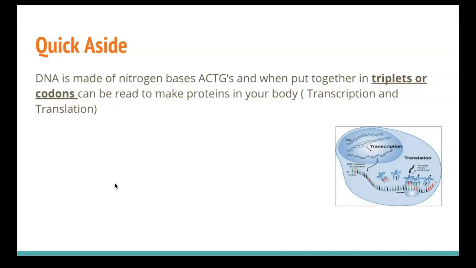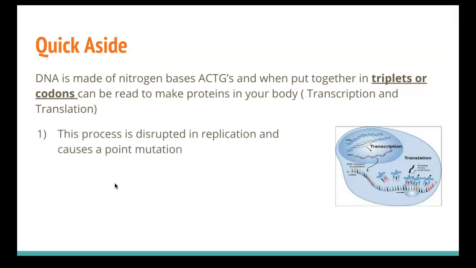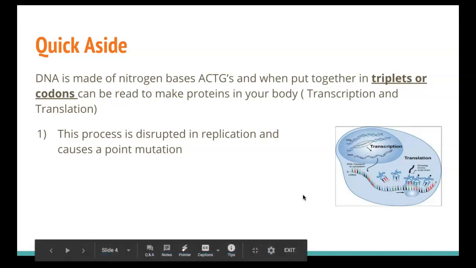So our DNA will read like that. If our DNA gets messed up, sometimes this process can then wreck those triplets and then wreck what it codes for. So the specific amino acid that will then become a protein could potentially wreck that one amino acid. And if that one amino acid is wrong in our chain of protein, that protein will be all messed up.